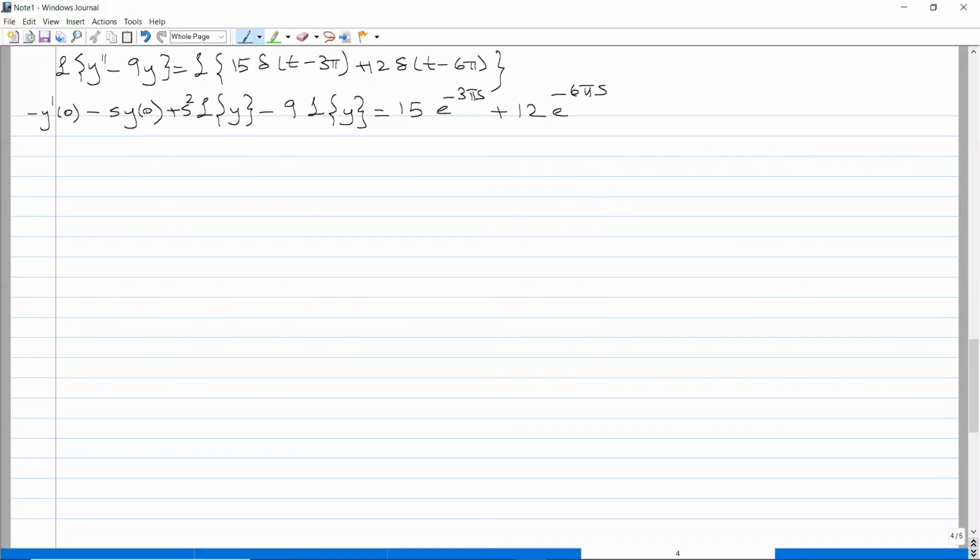So on the left side, y prime 0 is 0 and y(0) is 0. So we have s squared minus 9 times the Laplace transform of y.